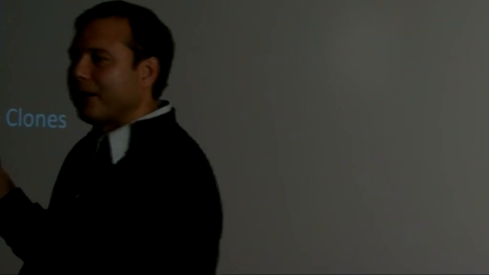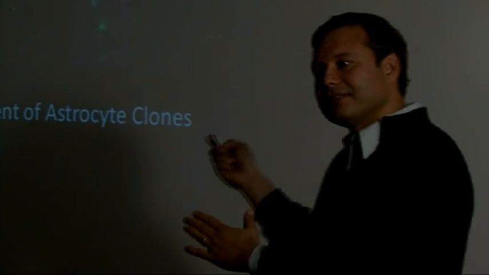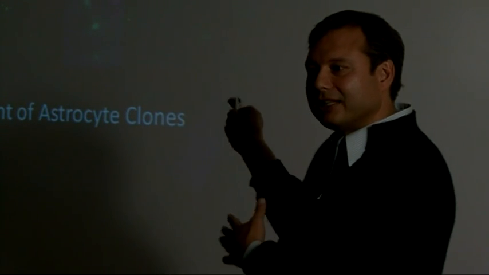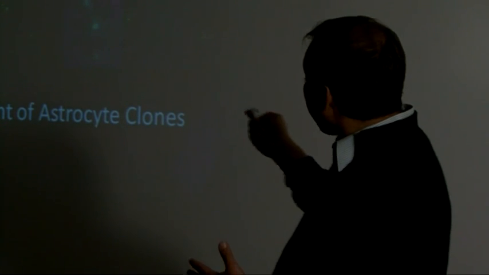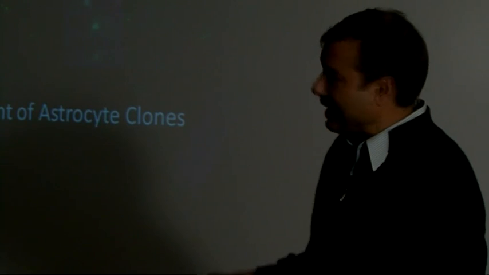No, this is outside of barrel cortex, but maybe could be part of that. In the barrel cortex, where there are clear differences in cell density, it's known that there are restrictions between astrocytes. We're seeing this also in visual cortex, also in frontal cortex, wherever we look, not just somatosensory cortex. I would bet these are within barrel cortex too.